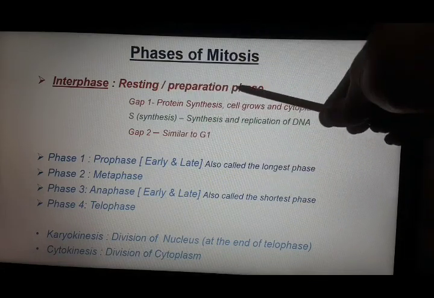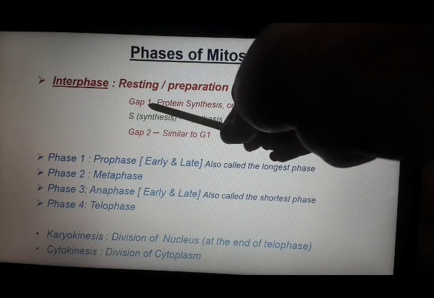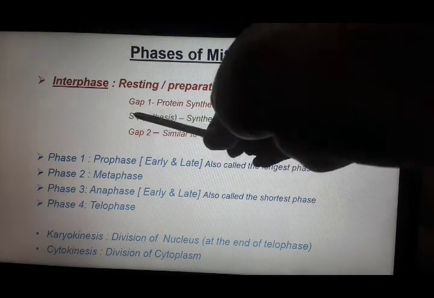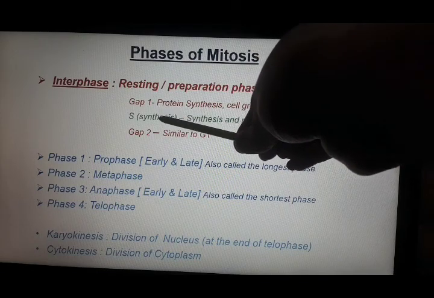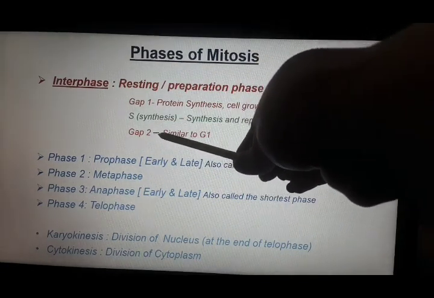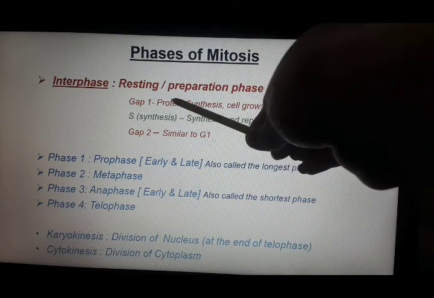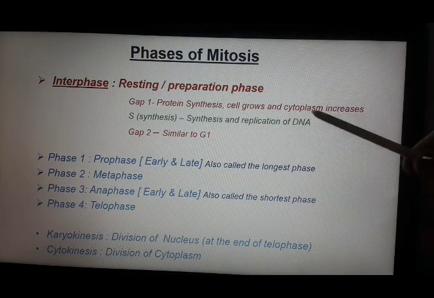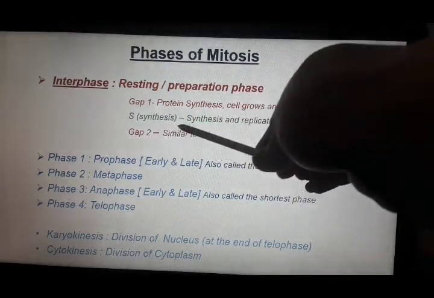This resting phase is divided into gap 1, which you call G1, the synthesis phase, S, and gap 2, which is G2. Gap 1 includes protein synthesis, the cell grows and its cytoplasm is also doubled. Gap 2 is also similar to G1.